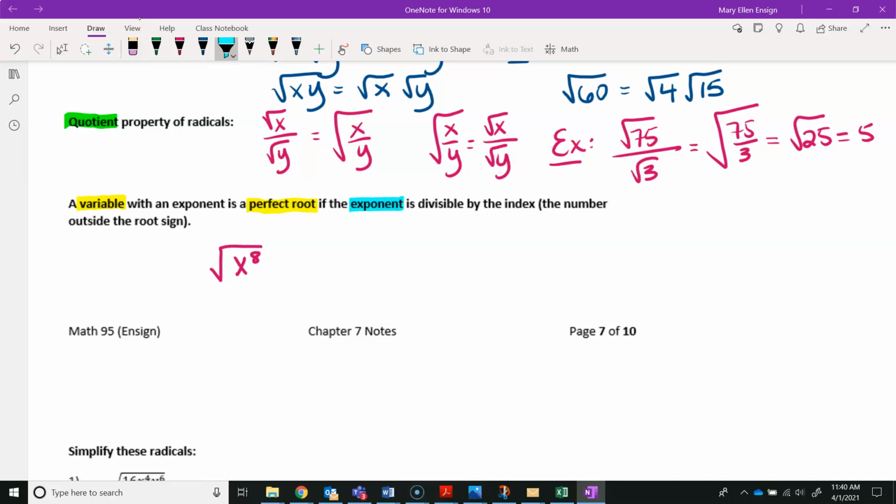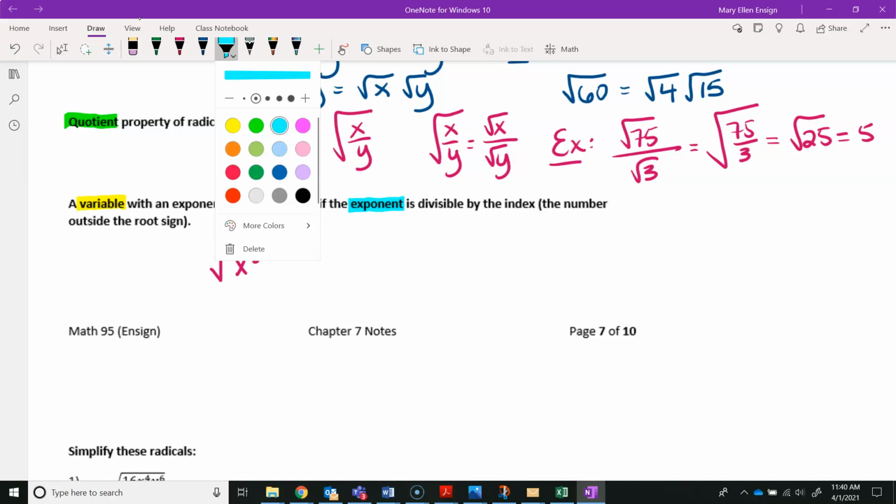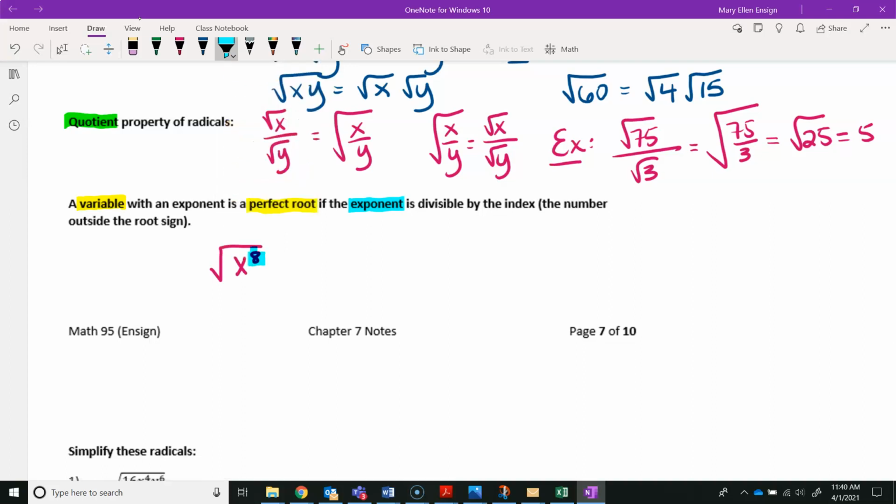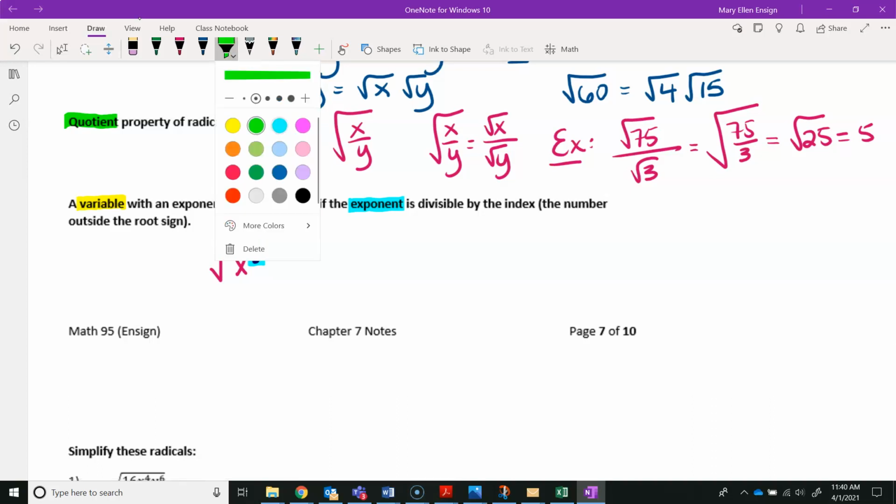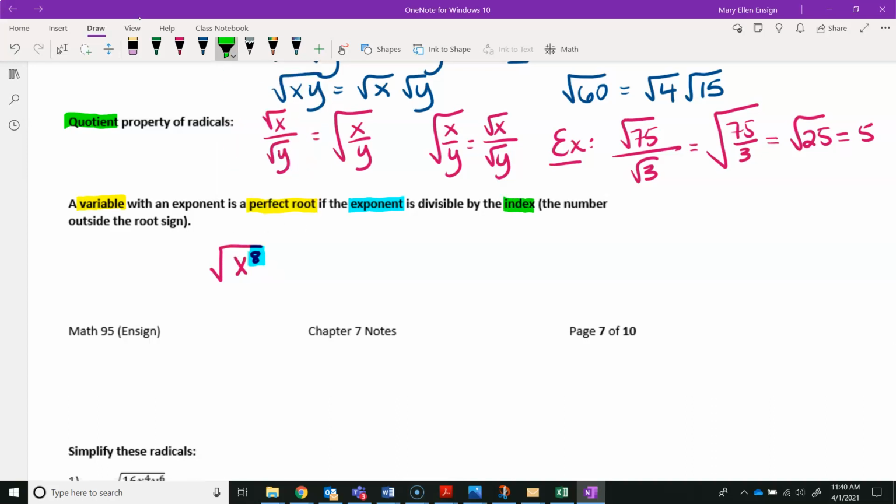So if the exponent, which is right here, is divisible by the index. Well, what in the world is the index? The index is what tells us if it's a square root, a cube root, a fourth root. So my index is whatever number is right here. Now, in a square root, there's actually nothing written there, but it's implied that it's 2 because squaring something is multiplying it by itself twice, right?